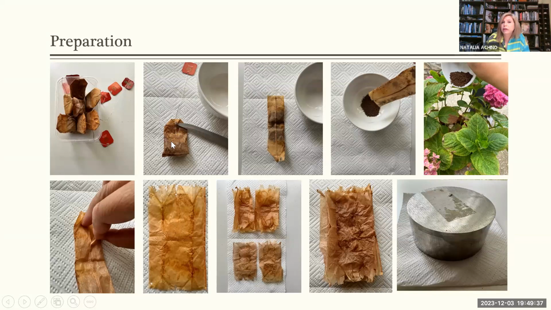This material is very, very delicate, so you need to be really careful in opening them. You remove everything from there. They have a little bit of metal clip, so you remove that and put all the tea ground in a container. Don't throw that away.